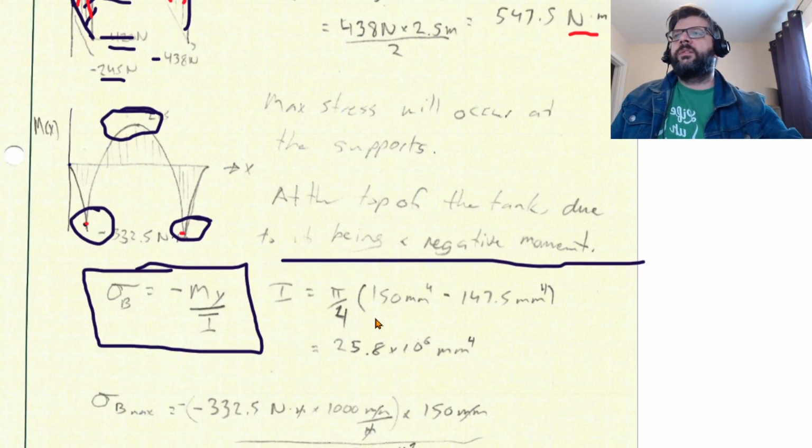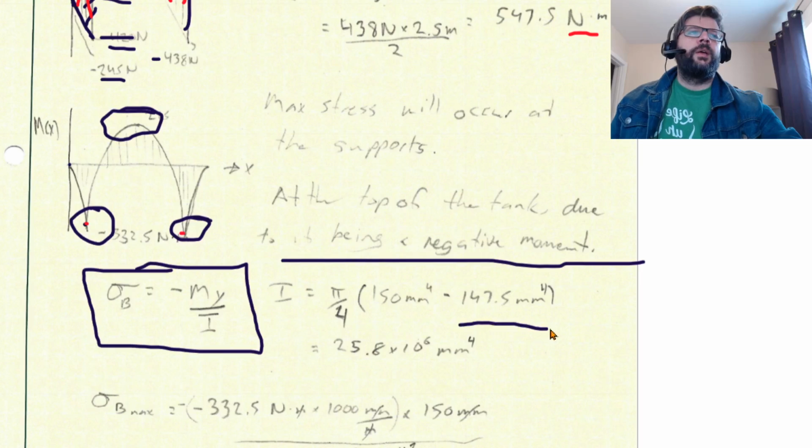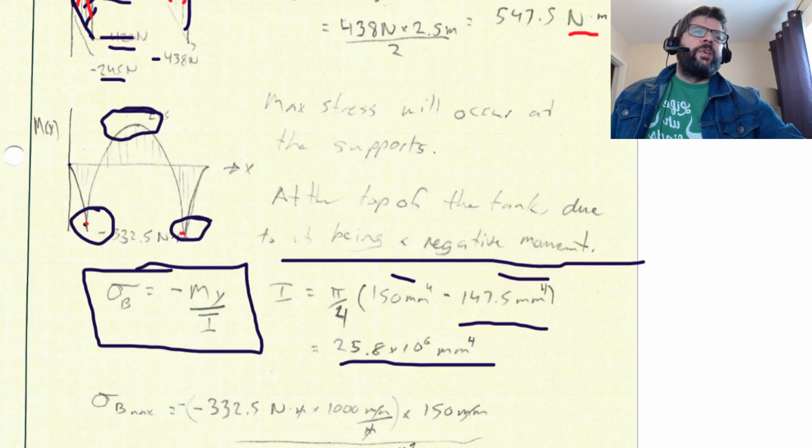That gives us 147.5 millimeters. Take that to the fourth minus that to the fourth. Gives us 25.8 times 10 to the 6 millimeters to the fourth.